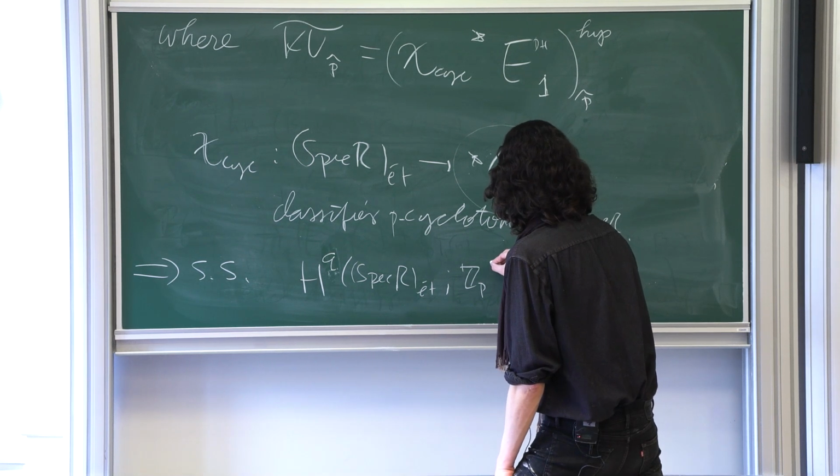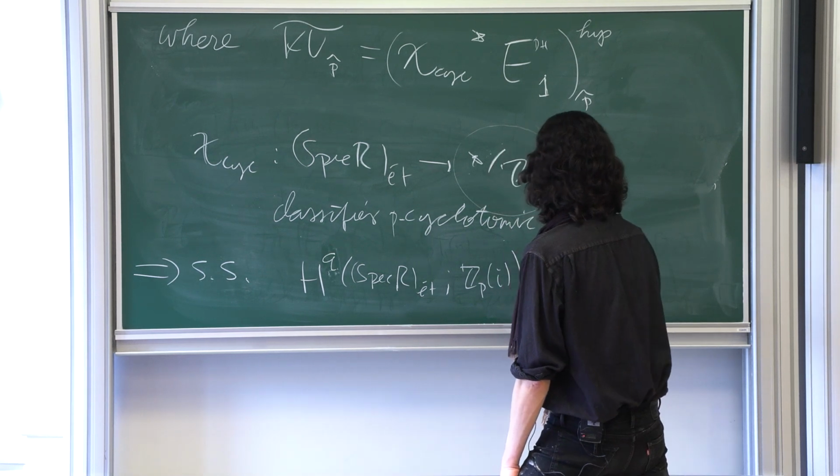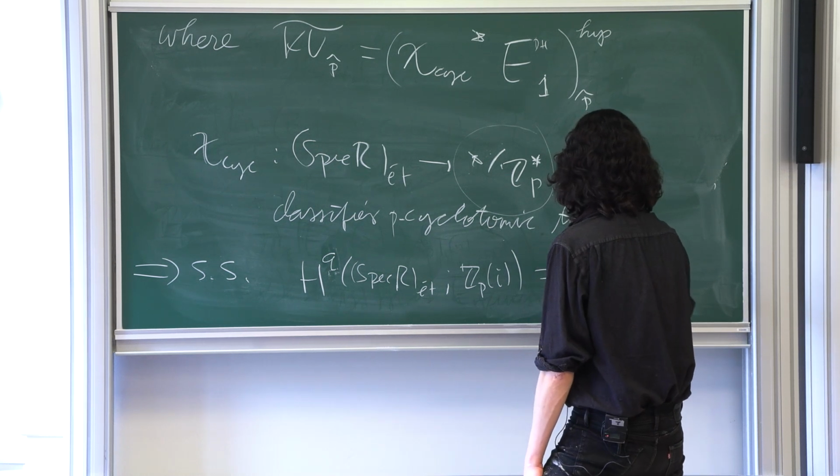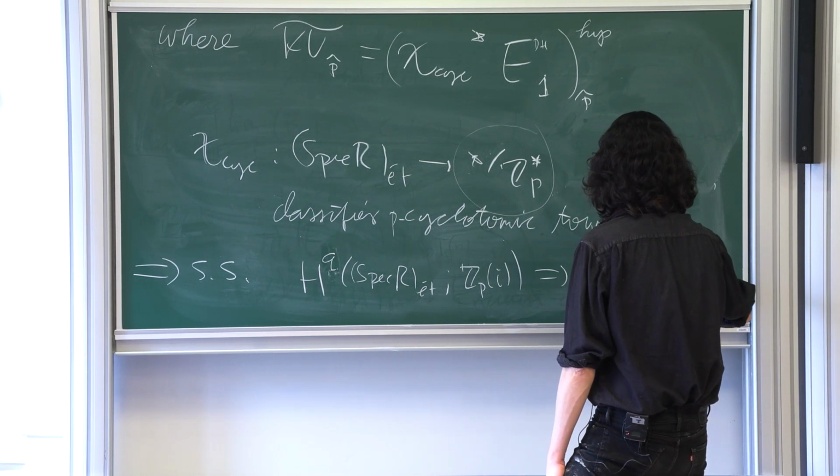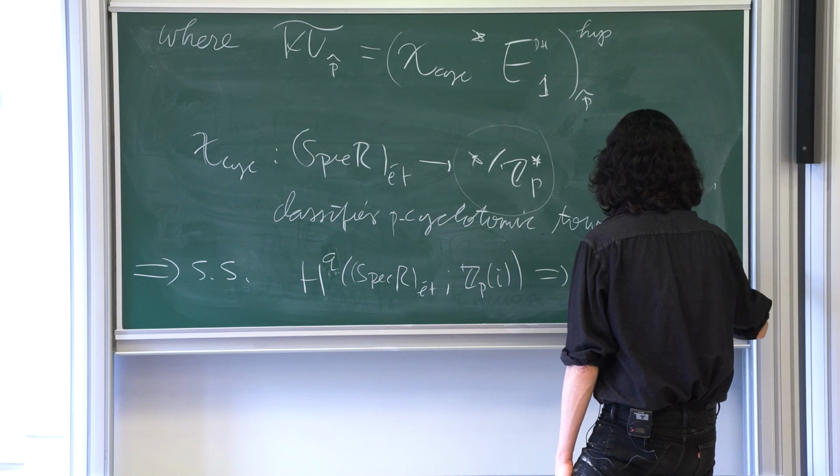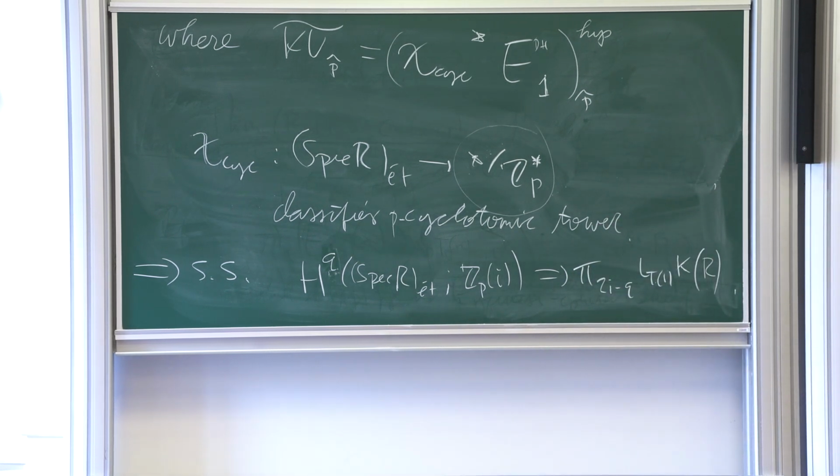Let's say Z_p(i), and that's going to converge to π_{2i-q} of the T1 local K-theory of R. So basically, T1 local K-theory, or K1 local K-theory, it's the same thing. Remember, the telescope conjecture is true at height 1. It's just étale cohomology with Tate twist coefficients, kind of wrapped up in a different way.